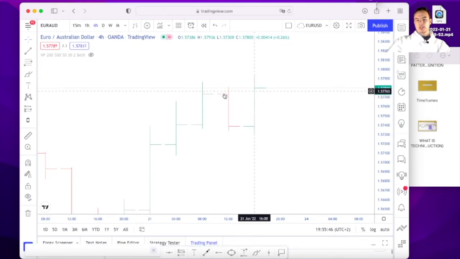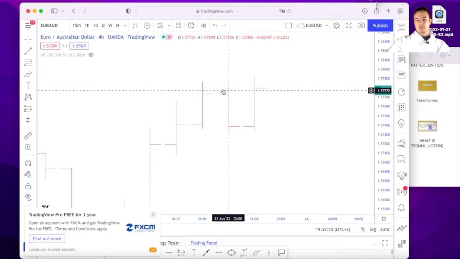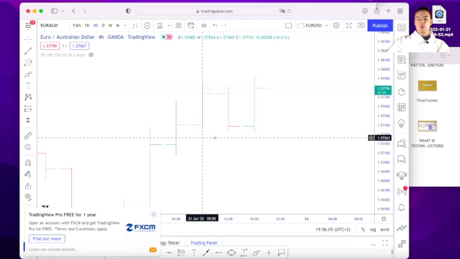So with the bearish candle, the opening, right, is above, and the close is below. So the open is always on the left side. Now it just depends on, is it above or is it below?